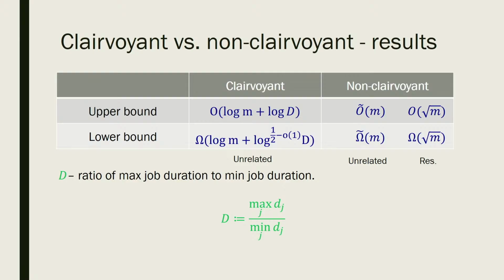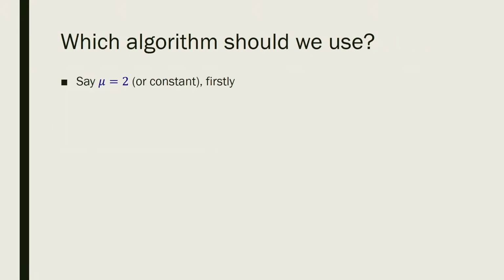Note that these are the results for clairvoyant and non-clairvoyant. Now, when I want to add the estimation, I want to see what would happen to this result. So which algorithm should I use? Let's say that my estimations are correct up to a factor of 2. I might not know it, but let's say they are.